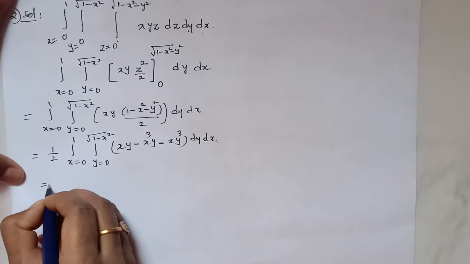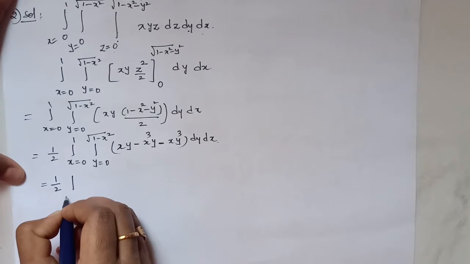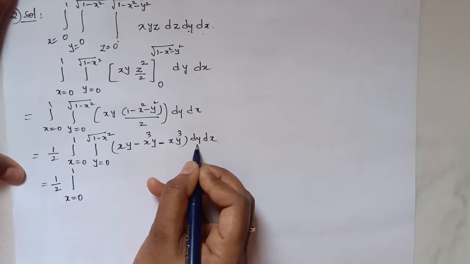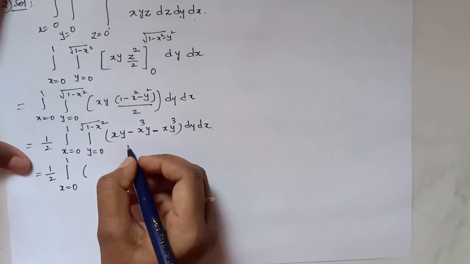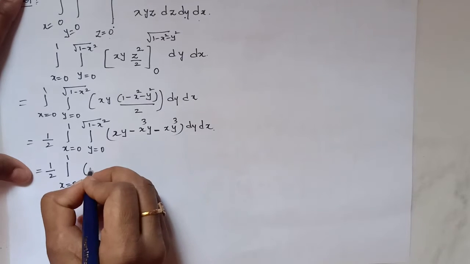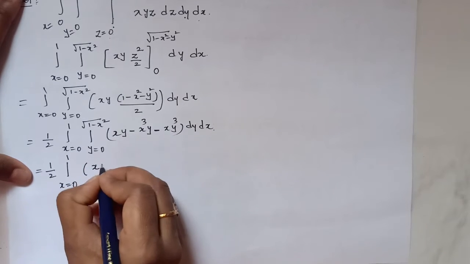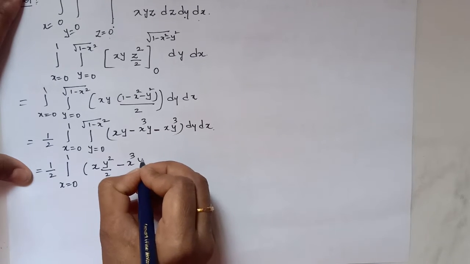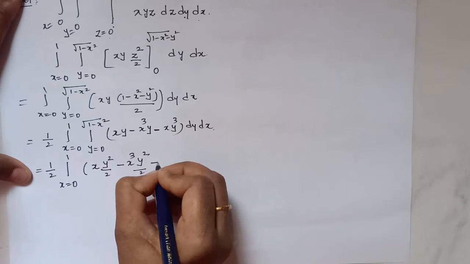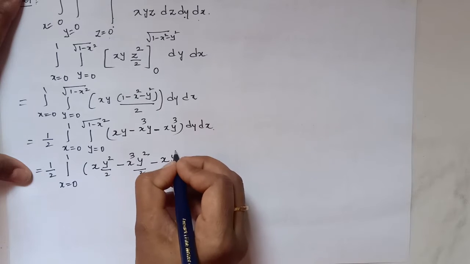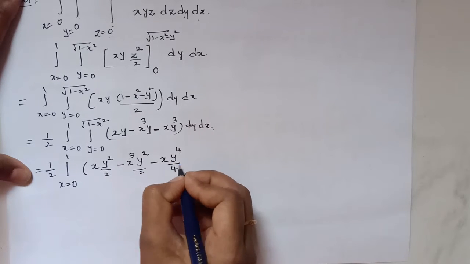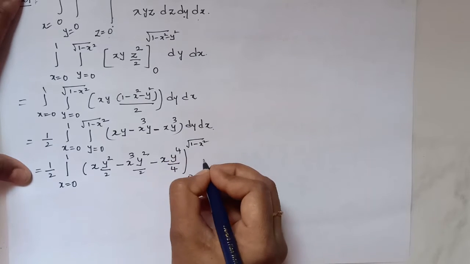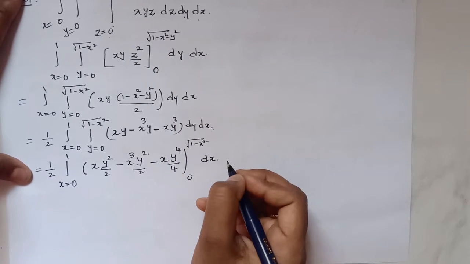Okay, this is equal to 1 by 2 into integral x is equal to 0 to 1. Now integrate with respect to y. Considering x constant, x into y integration is y square by 2, minus x cube into y square by 2, minus x into y cube integration is y power 4 by 4. Limit 0 to under root 1 minus x square, dx.